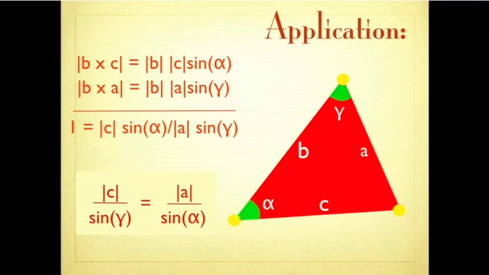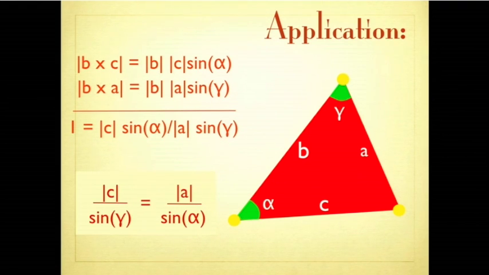And one immediate application of the cross product, not that you have to learn this, but just a little bit more advertisement for the cross product. If you express the area in two different ways, so you can use these two vectors, or you can use these two vectors, that's what is done here, and you write down these formulas and you divide them by each other.